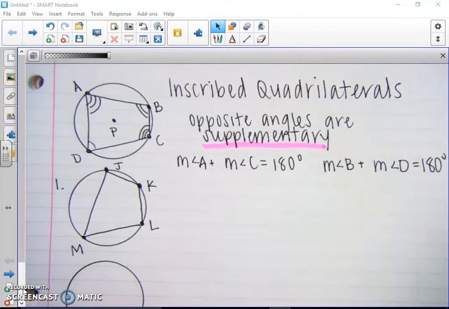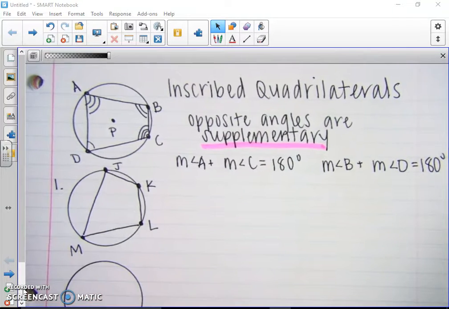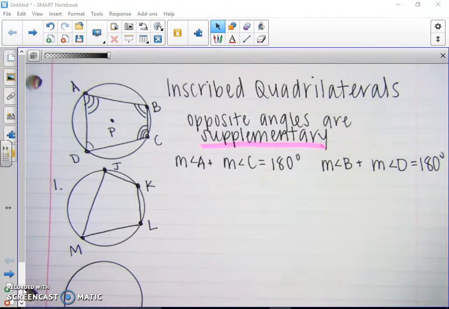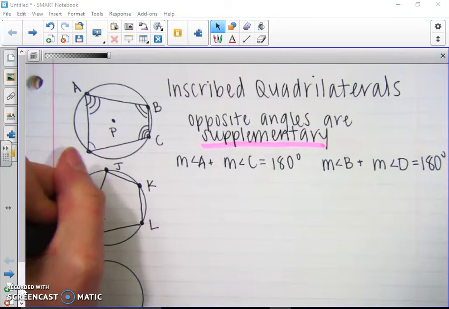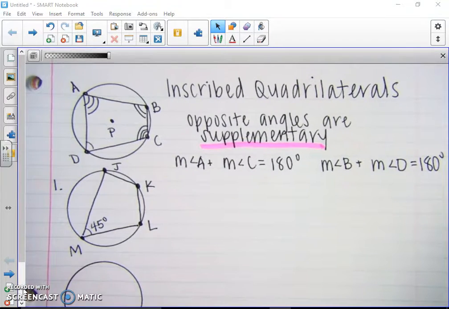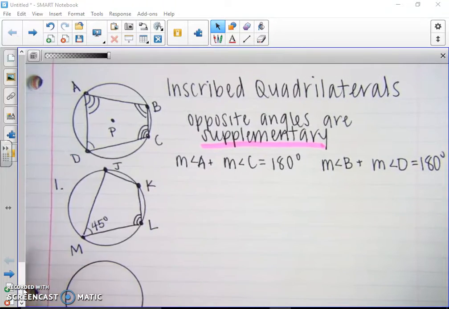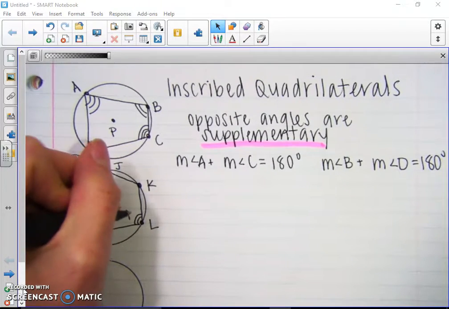It's inscribed because its vertices are all on the circle. I'm going to tell you only a little bit of information: the angle at M is 45 degrees, and at L, the angle is 92 degrees.